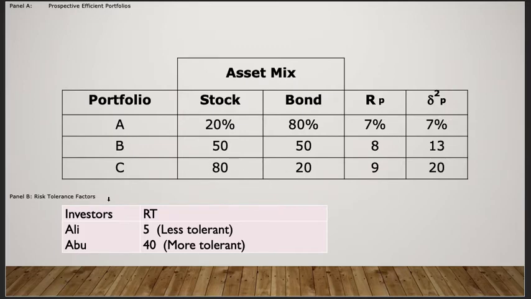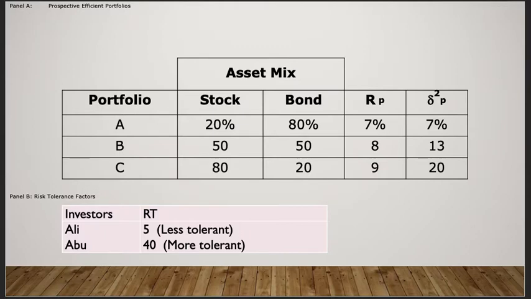So we have two investors here, with their risk tolerance factors. Investor 1 is Ali, and investor 2 is Abu. RT is the risk tolerance. Ali has an RT of 5, which is less tolerant. Abu has an RT of 40, which is more tolerant. So the higher the RT, the higher the willingness to take the risk of the investment.